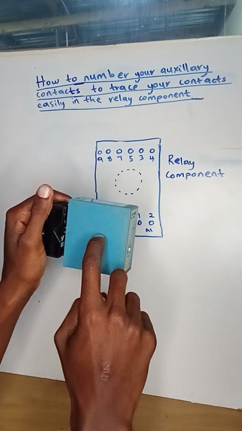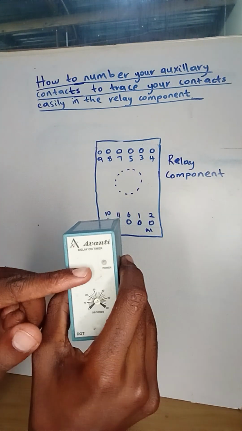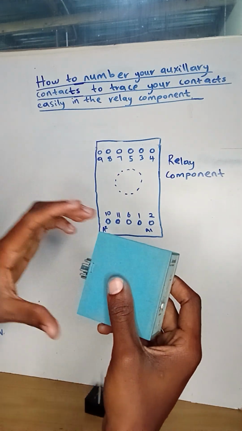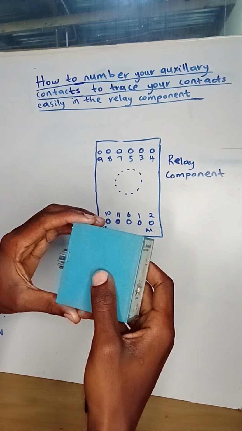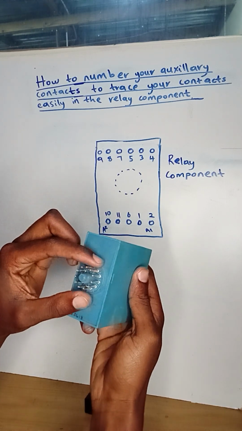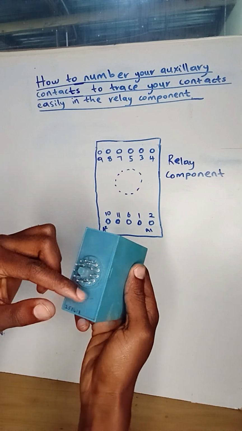But I didn't use the right component here. I used the delay on timer component because I don't have the right component with me, which is the relay. But at the back it's the same as the relay.